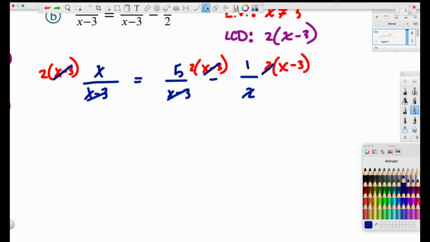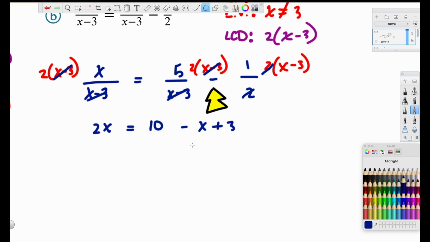The x minus 3's cancel. Now I'm going to multiply through here. Don't forget this negative here. Be careful. Distribute that negative into that binomial. Let's isolate our x's. And we get 13 over 3. And that is it.